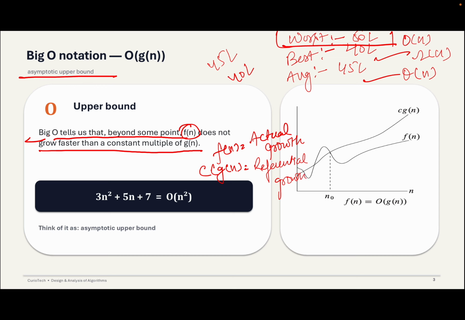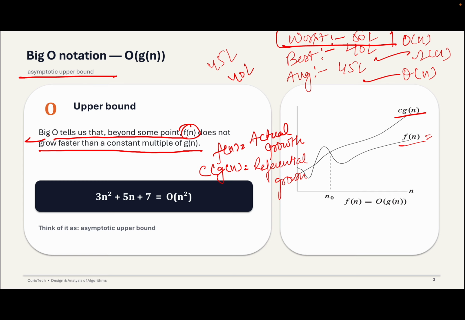Now, in this example, 3n square plus 5n plus 7 equals big O of n square. Why? Because n square is dominating, and we are saying that the complexity would be big O of n square. Now let me clear this up with the graph. Here f(n) is the actual growth, c·g(n) is the referential growth.